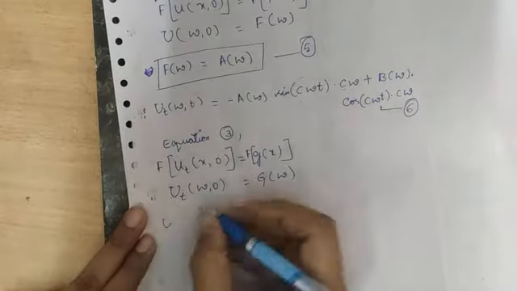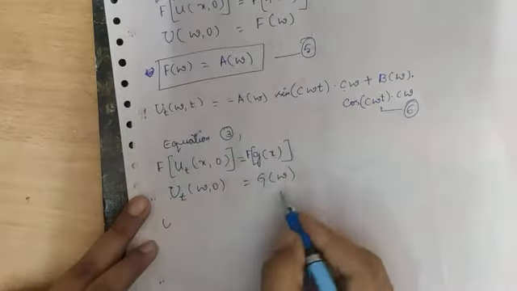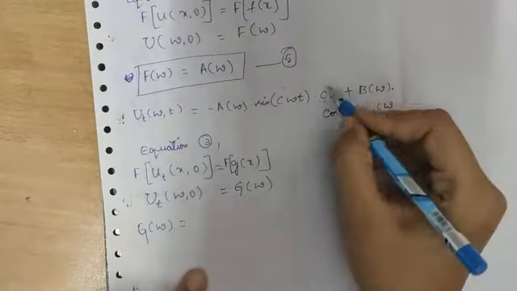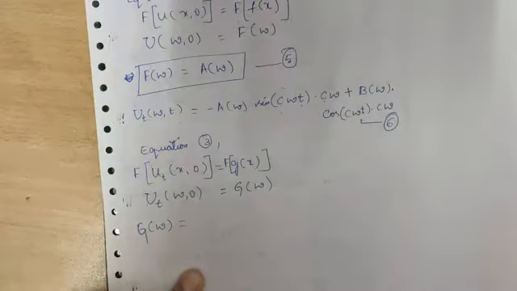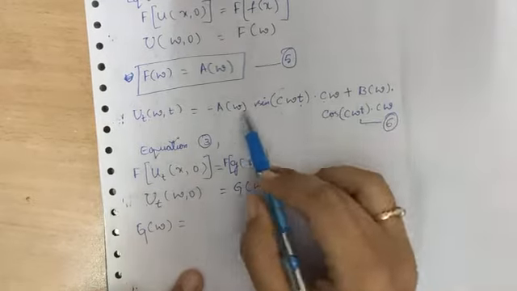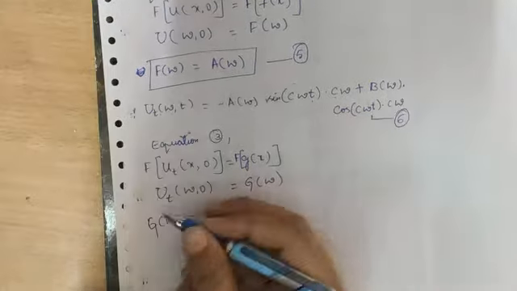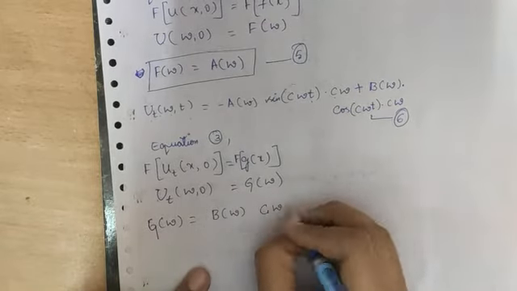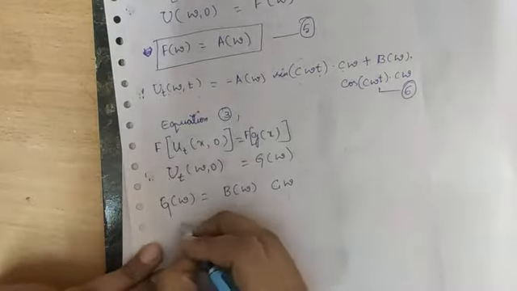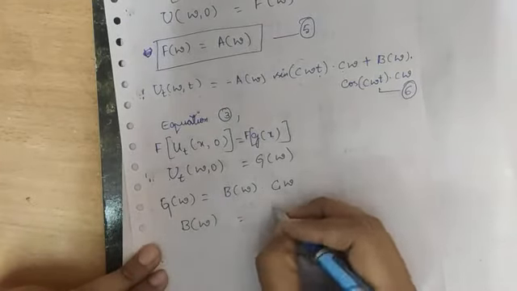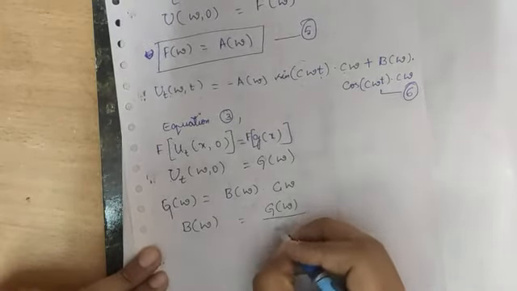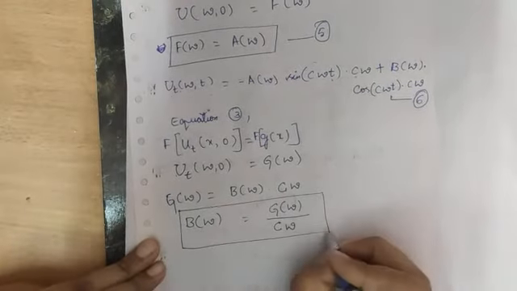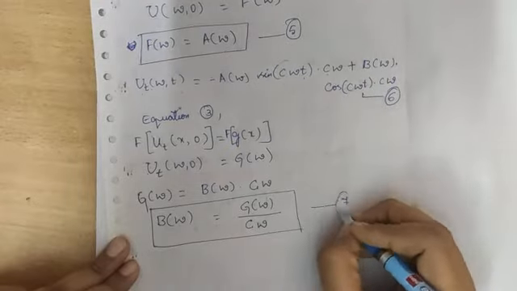What will you get? Since u t of omega comma 0 is g omega, and sine 0 is 0, this whole term vanishes. You will get b omega into c omega. So if you write for b omega, you will get g of omega by c into omega. This is the value of b of omega. I will call this equation number 7.